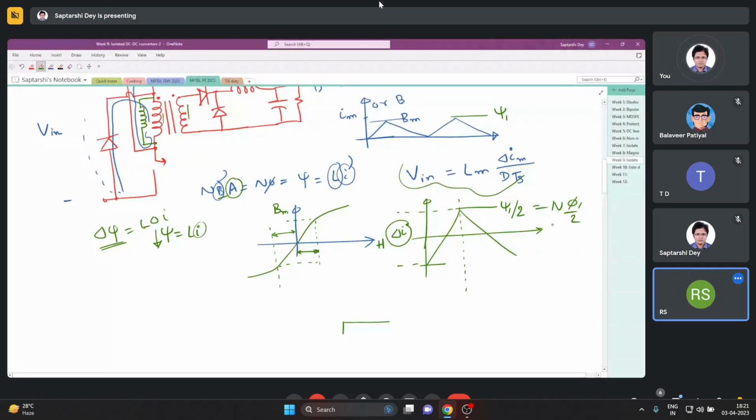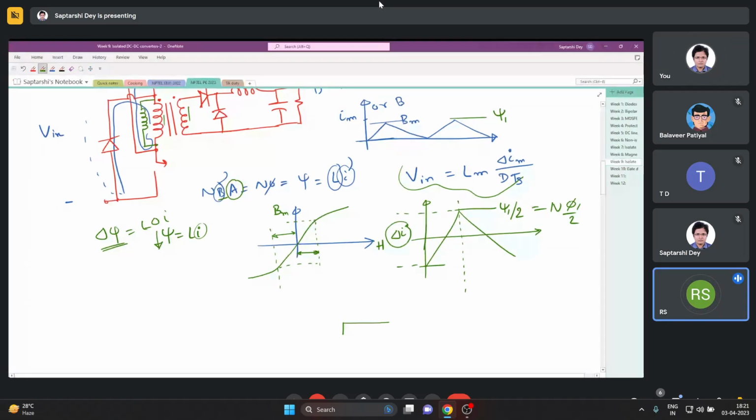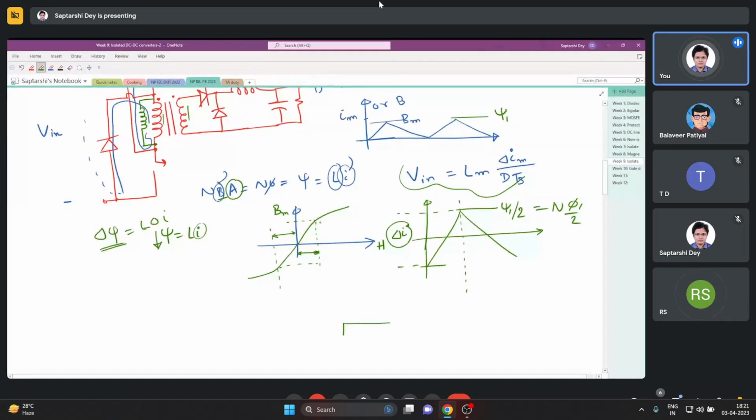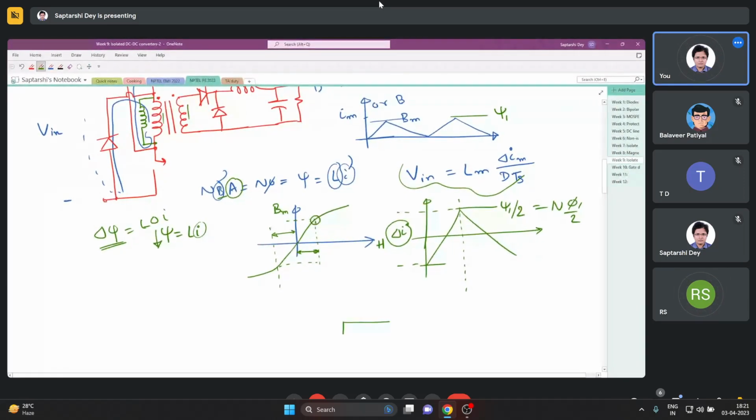So now at full load, I need lesser flux, the flux is halved, and I did not operate it below the knee. I can design the magnetic such that at peak load it operates at this knee point.